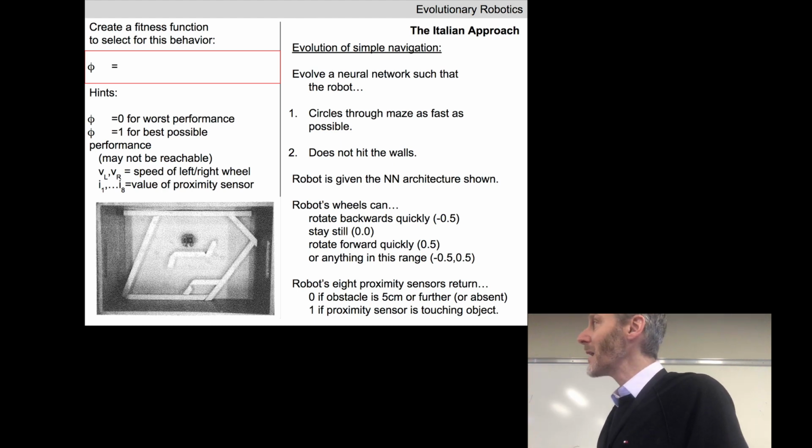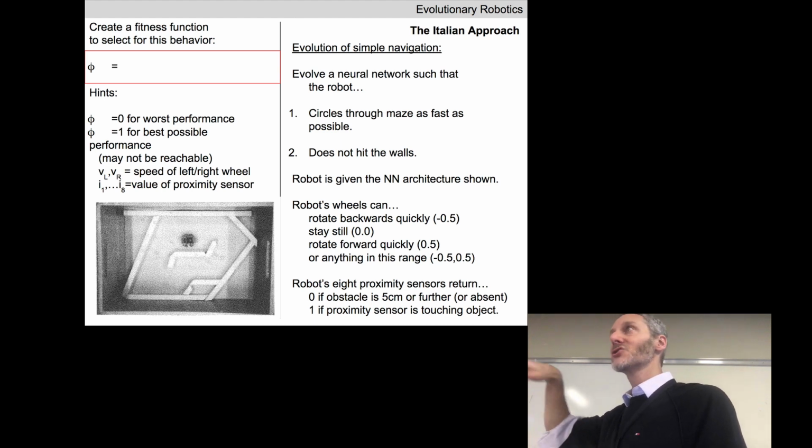So for example, it might maximize VL and leave VR as 0, and it's going to spin around its right wheel. But if there's a mutation that increases the speed of VR while not decreasing the speed of VL, that neural network in the population will beat out the neural network that causes it to spin in place. So VL plus VR is probably good enough to get fast forward speed.